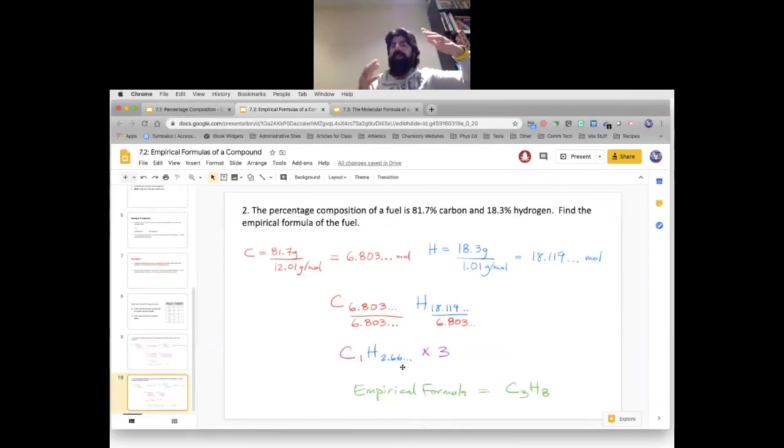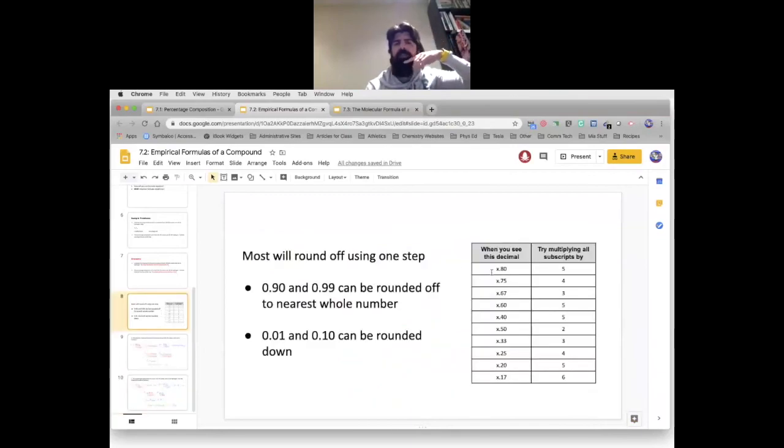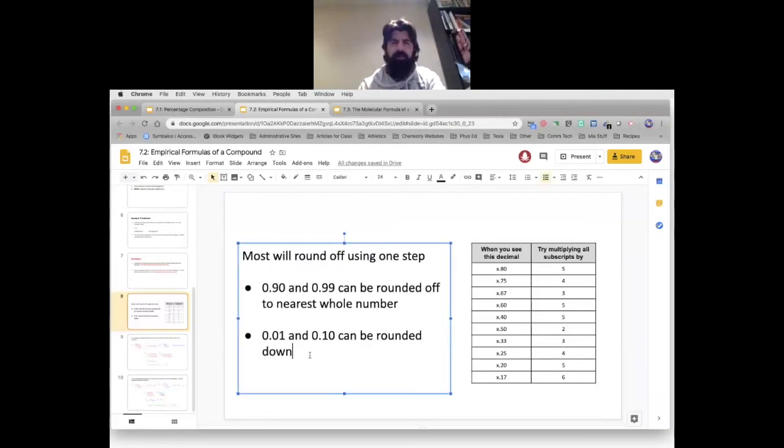2.66 is a number. Yes, we could round, but to round, the numbers after the decimal need to fall within a certain range. This is a slide that I introduced a little bit earlier. The number that we just got here ends in 2.66, and 2.66 does not fall within this range, a 0.9 ending to a 0.99 ending. If it falls within this range, the number can be rounded up to the next whole number.